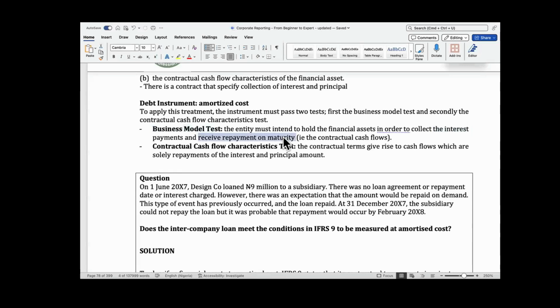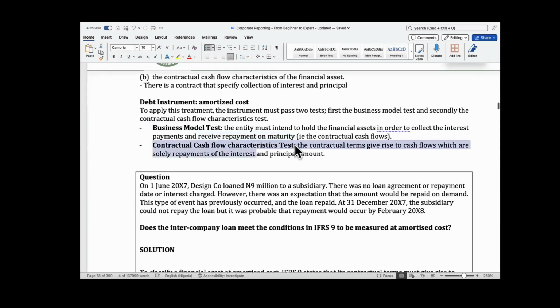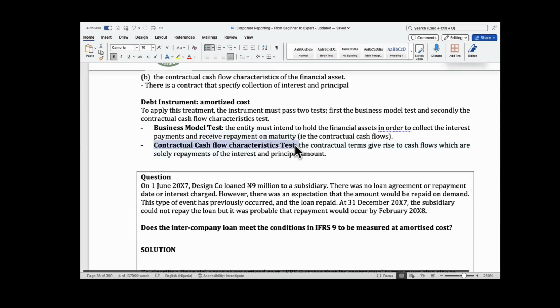Then you can go ahead and classify at amortized cost. This other one is just saying, okay, there should be a contract. Most of the time, nobody would talk about this other one, because for it to even be a financial instrument, there has to be a contract. So that one is by default, but we just have to mention it.